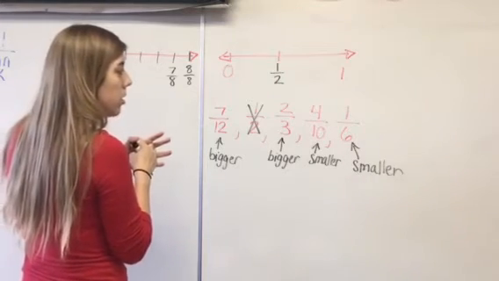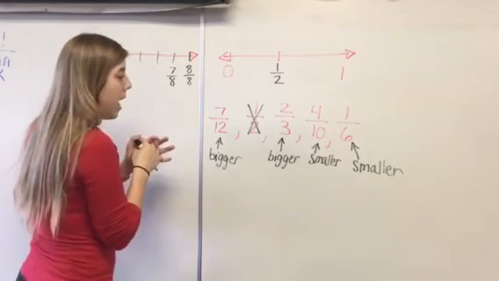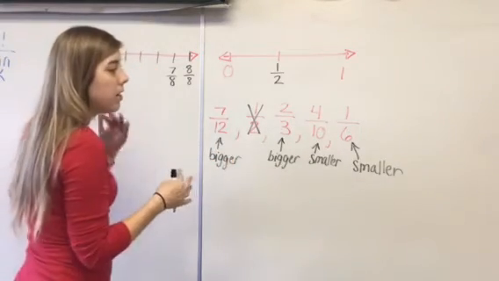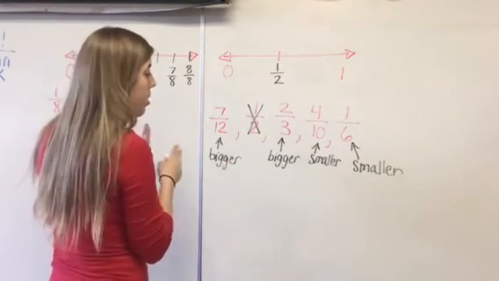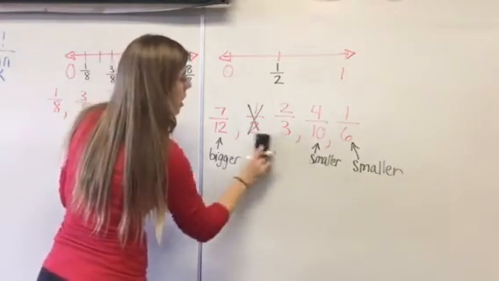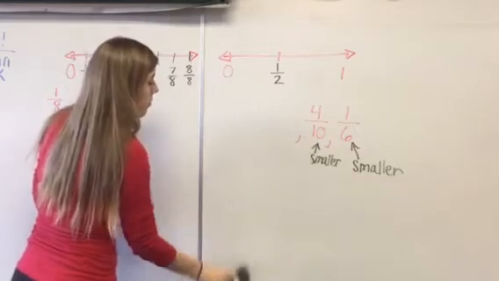Okay, so now it's a matter of figuring out where exactly on the number line they go. All right, so in order to do that, I'm going to create common denominators. If you're not sure how to do that, you might want to go back to the video called Creating Common Denominators and check that out. So let's start with comparing 7/12 and 2/3.